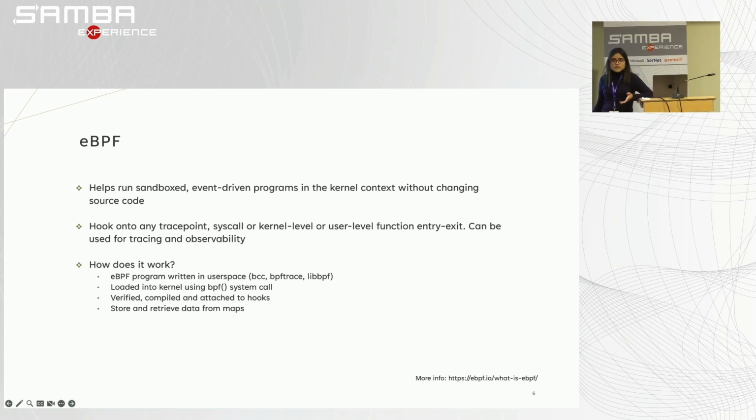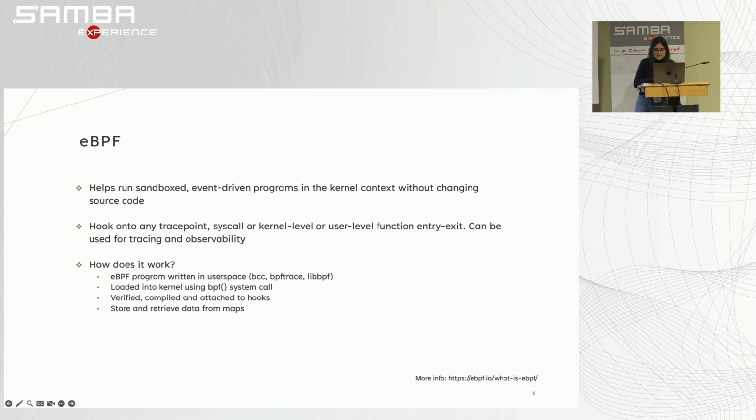It checks that you're not running an infinite loop, or doing an out of bounds memory access, stuff like that. After that, it is compiled to a machine-specific instruction set, and whatever hooks you have defined, you can hook onto any trace point or a system call, or whenever you enter or exit any kernel level or user level function.